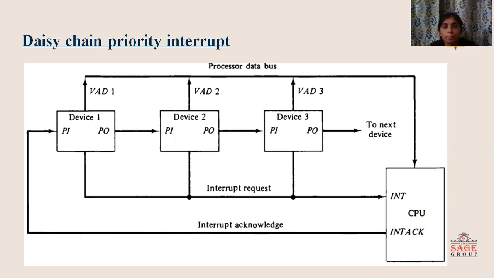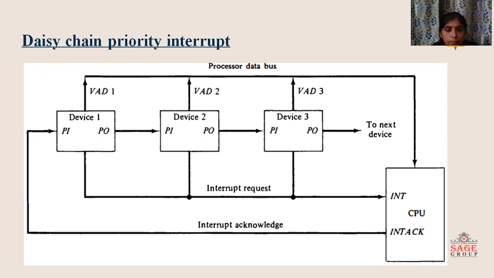PI stands for priority input, and PO stands for priority output. VAD stands for vector address: VAD1 of device 1, VAD2 of device 2, and VAD3 of device 3.